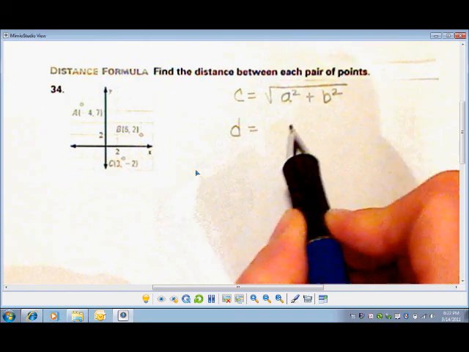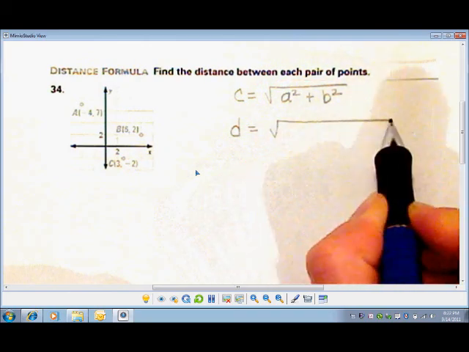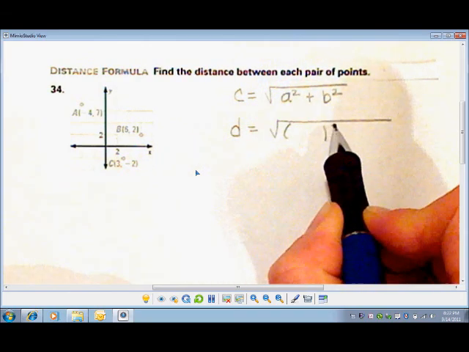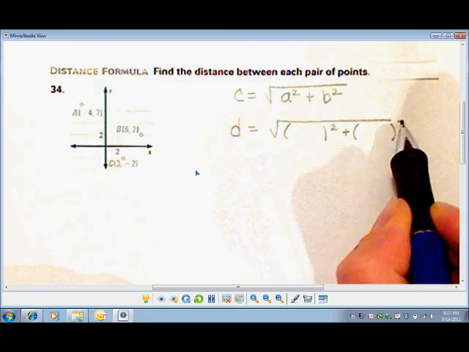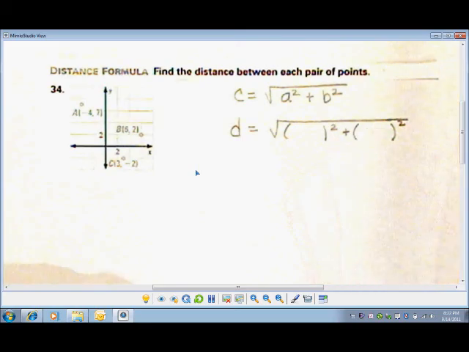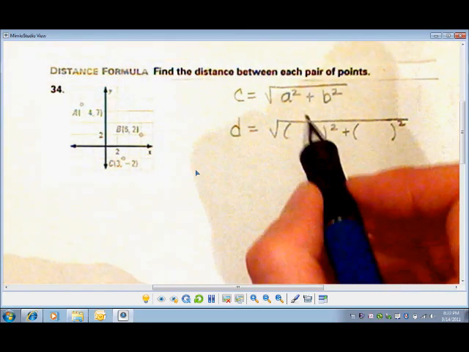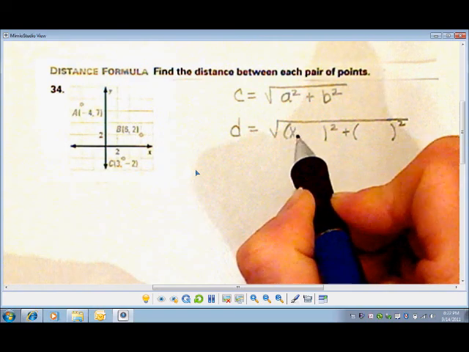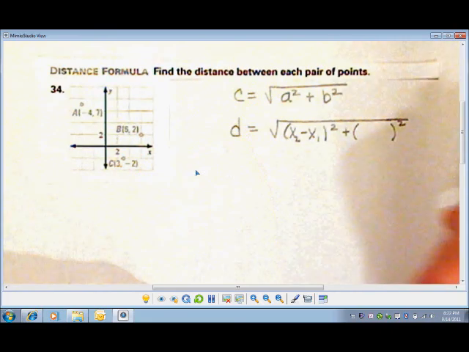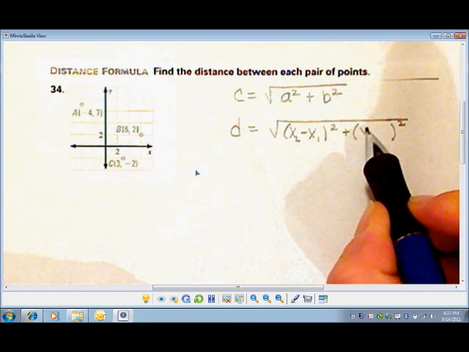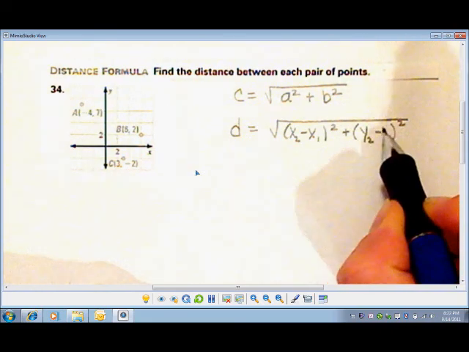Distance equals the square root of something squared plus something squared. So what are those squared things? Well, this is going to be x sub 2 minus x sub 1, and this will be y sub 2 minus y sub 1.